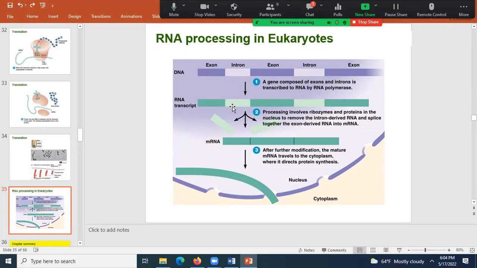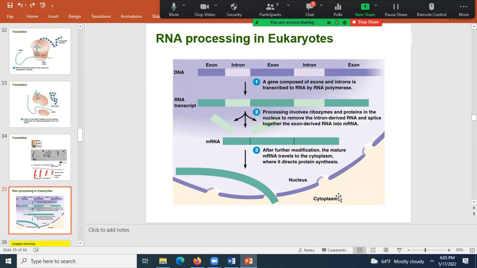And then the exons are spliced together, annealed together. And then the final messenger RNA will only have exons. And now this messenger RNA can leave the nucleus and enter the cytoplasm, where the ribosomes can then bind to it and begin protein translation.